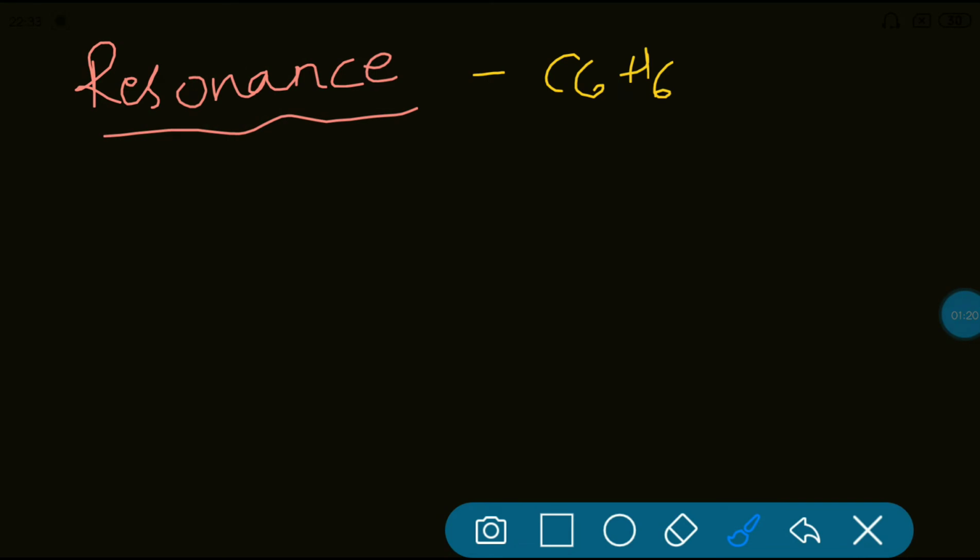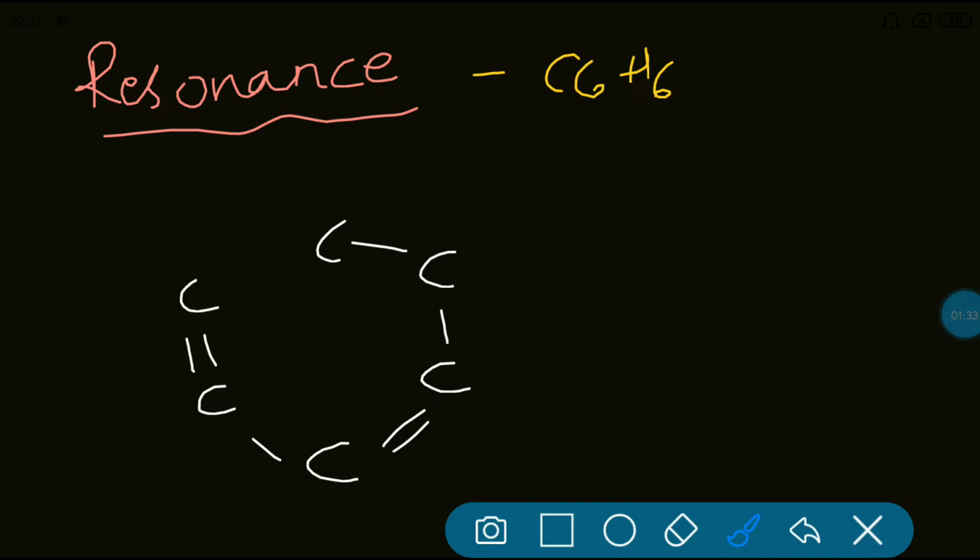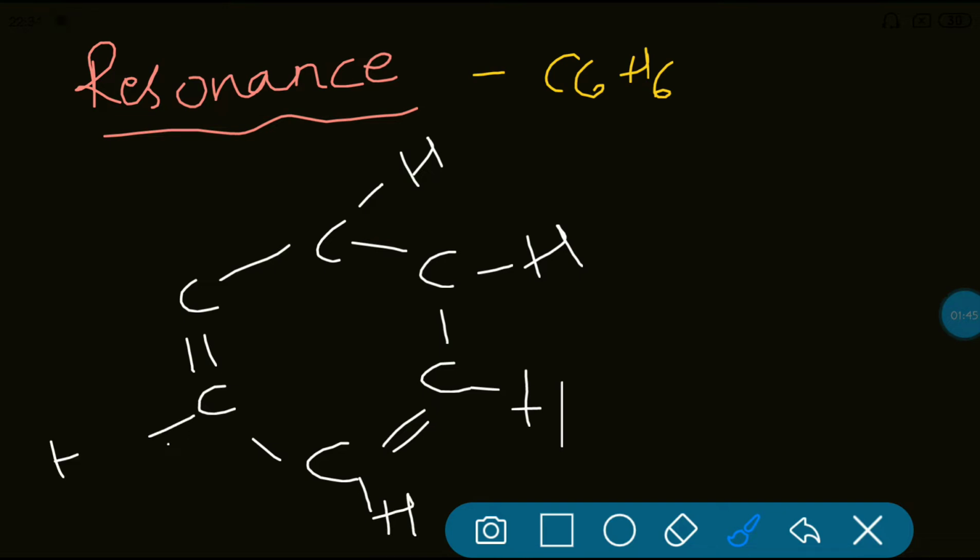So C6H6, generally how it is going to be: a single bond with carbon, single bond with carbon, and double bond with carbon, again single bond with carbon, double bond with carbon, and a single bond with carbon. And every hydrogen is going to have a single bond with carbon.